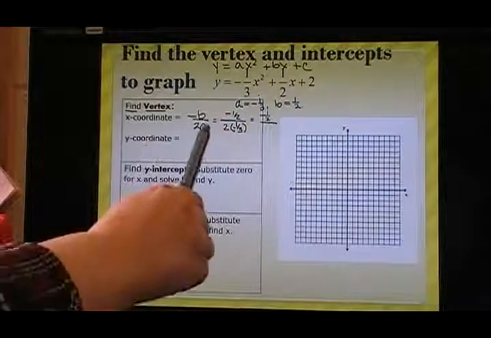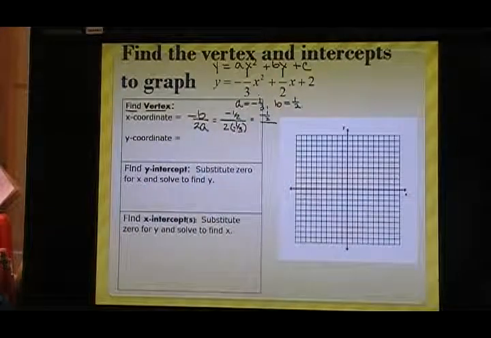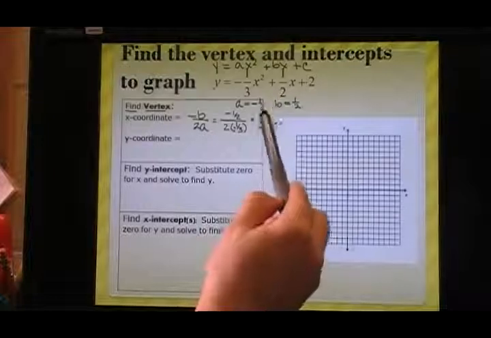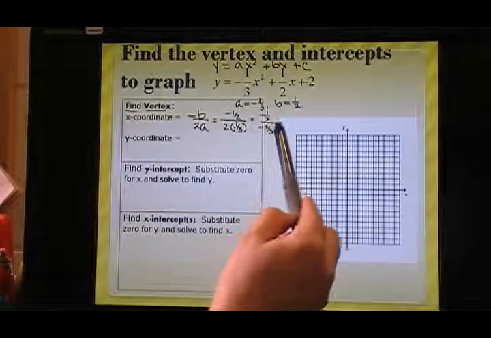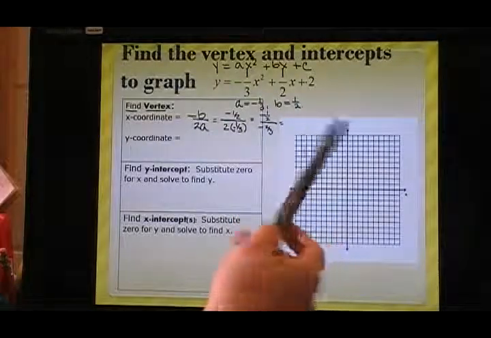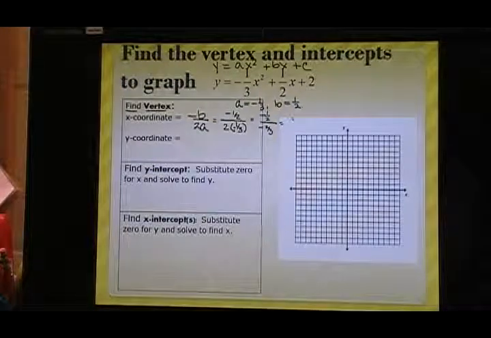If I multiply 2 by my negative 1/3, I'm going to get negative 2/3. And just get out your calculator and do negative 1/2 divided by negative 2/3. When you do that division, you're going to get a positive 3/4. So the x-coordinate of the vertex is positive 3/4.